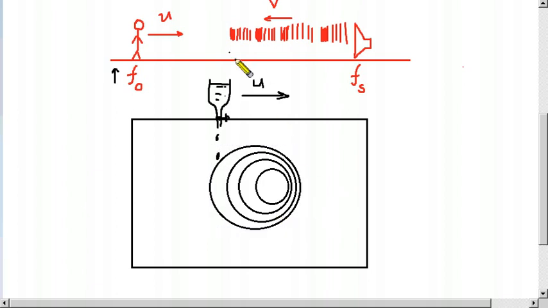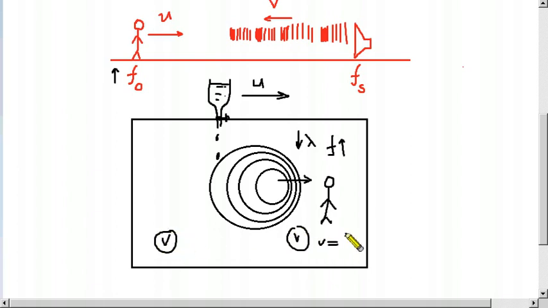The source is moving this way to the right. Suppose there is an observer like this. He feels smaller lambda values, so the frequency increased, because v is the same here and here. v equals f lambda, so what happens if lambda decreases? The frequency must increase. Therefore this observer feels a higher frequency.